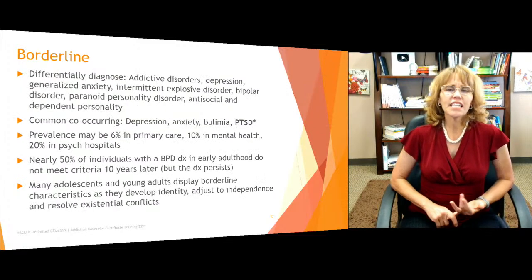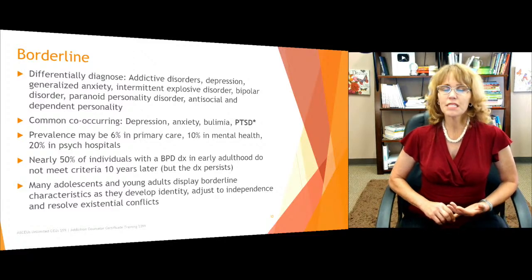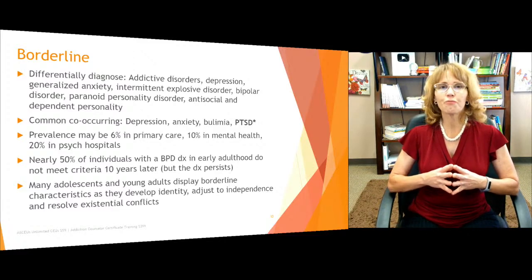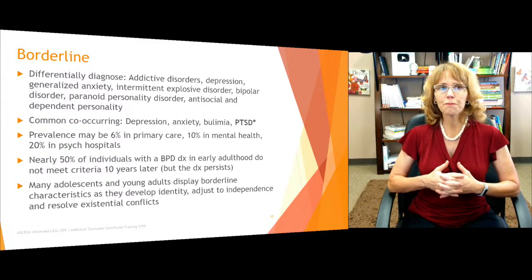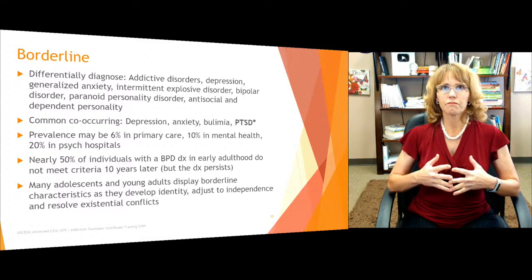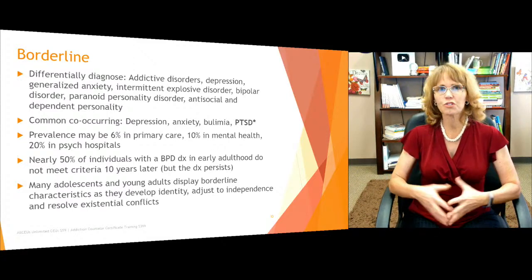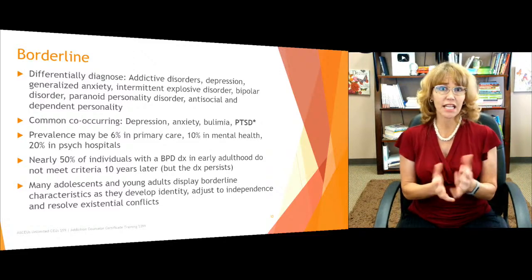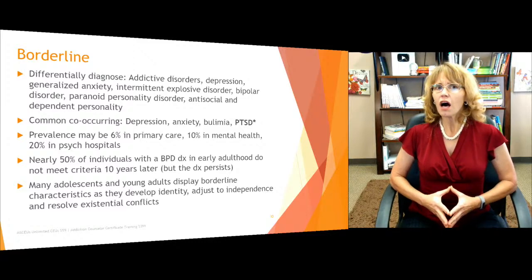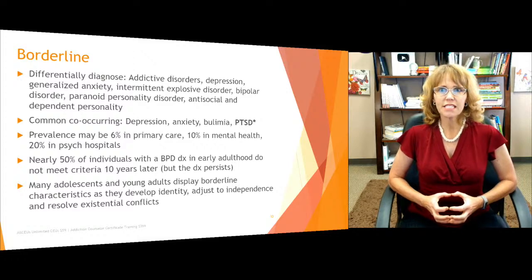To differentially diagnose, we want to rule out addictive disorders. Most of my career, I've worked in co-occurring disorders. And as people's neurological health returns, as their physical health returns, as they deal with their traumas and their guilt and everything else that happened during the addiction, a lot of times these symptoms become much less prominent.